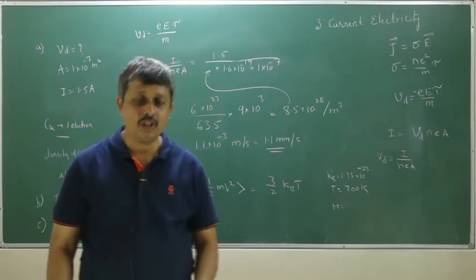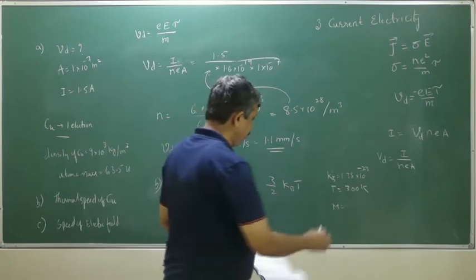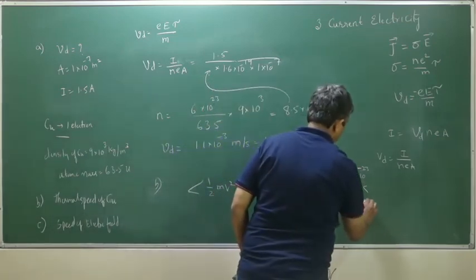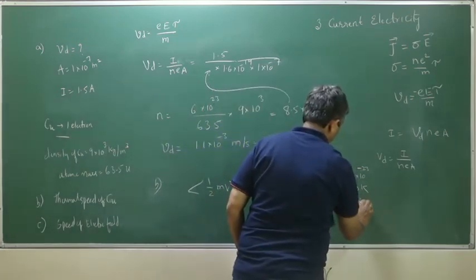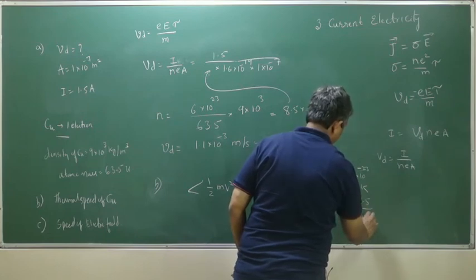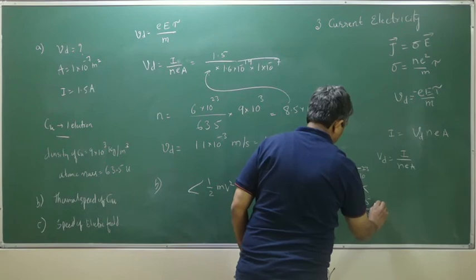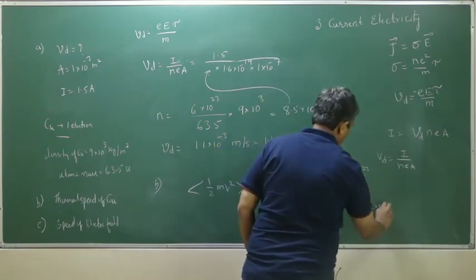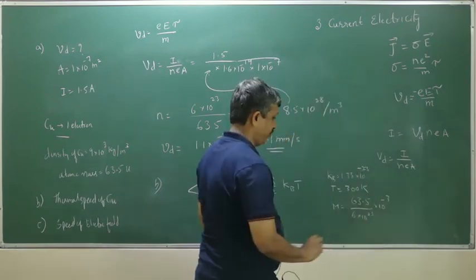So per molecule, how much is it? That is 63.5 divided by Avogadro number, let us say 6 into 10 power 23. This many grams, so into 10 power minus 3 kgs.